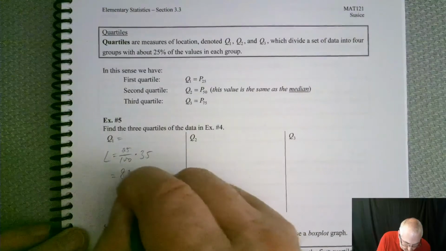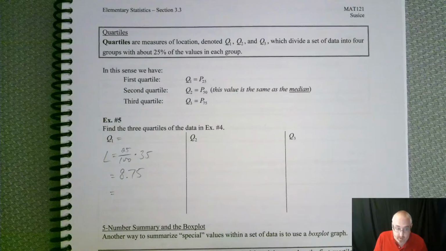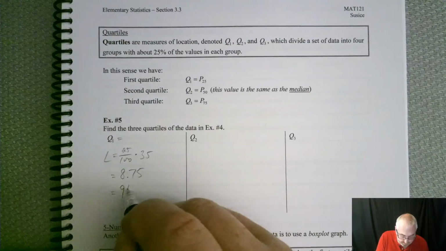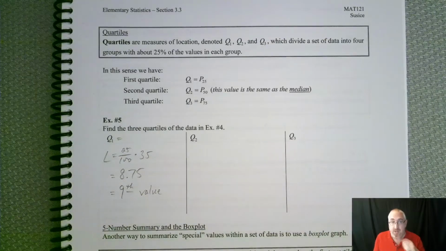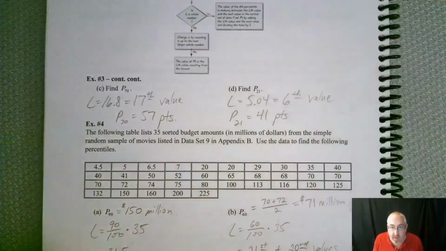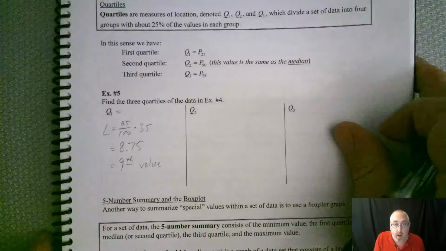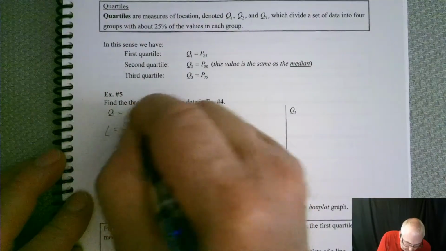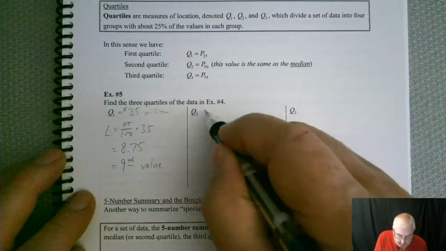And so now we should round this up to the ninth value. So the ninth value would be 35. 35 would be our ninth value. And don't forget your units.